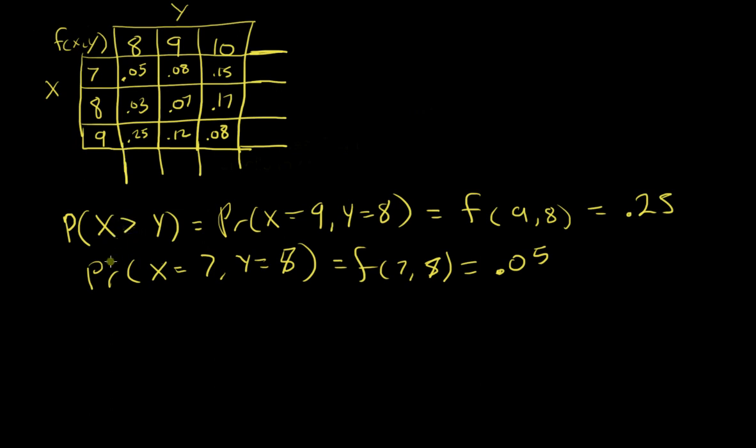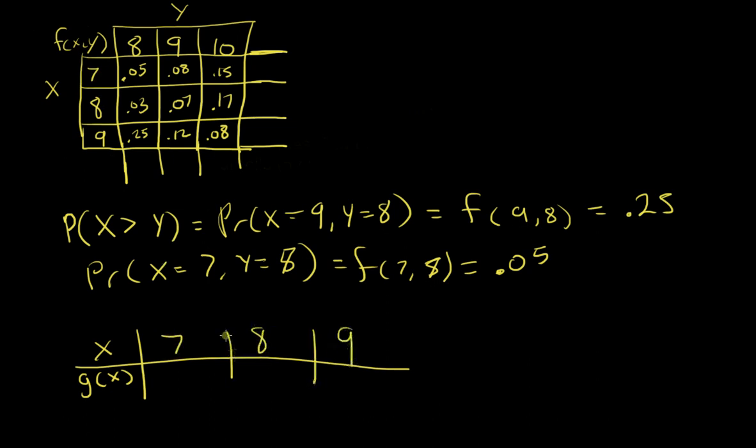You should be able to find the marginal distribution of x and y. So I'll go ahead and find the marginal distribution of, I guess, x right now, or g of x. So when you have discrete probability distribution functions, a lot of times we represent the marginals with a table. Okay, and so what are the values of x? X takes 7, 8, and 9. And the marginal distribution function, what you do is you would add this way.